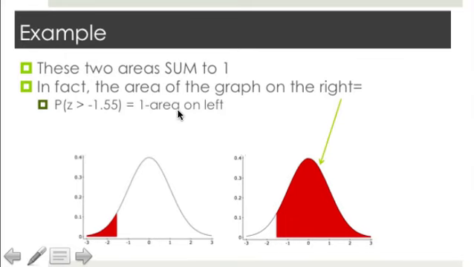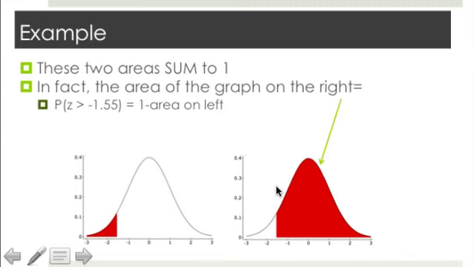So think about this. The 1 right here represents the area of the entire normal curve. So if I took the area of the entire normal curve and I took away the area right here that's on the left, I took away this little sliver, what would be left would be what you see over here, and that's the one that we want.